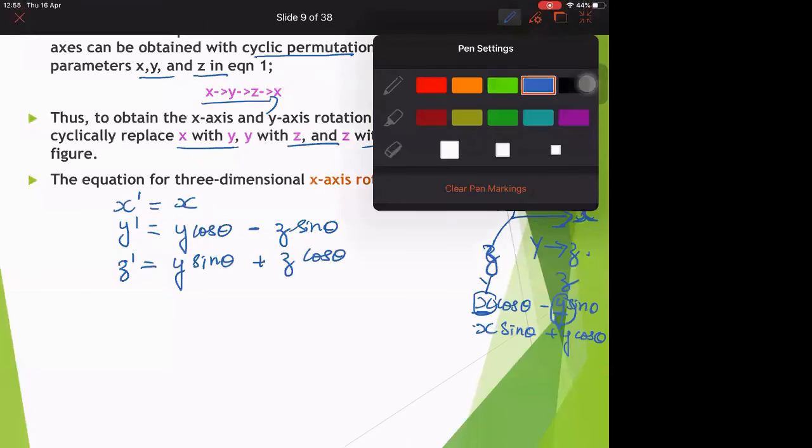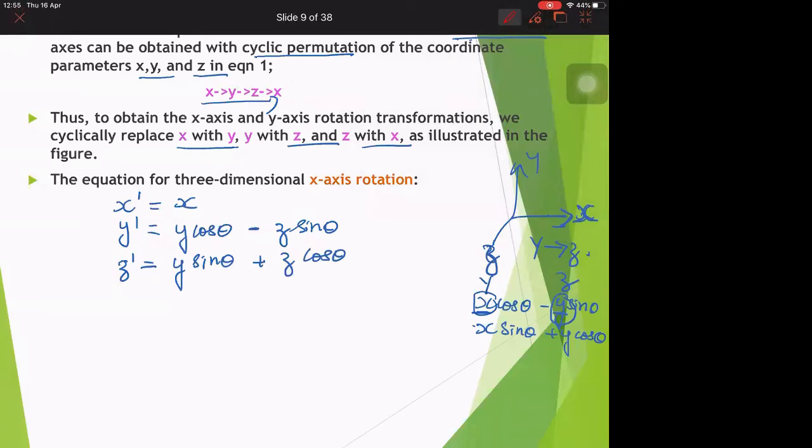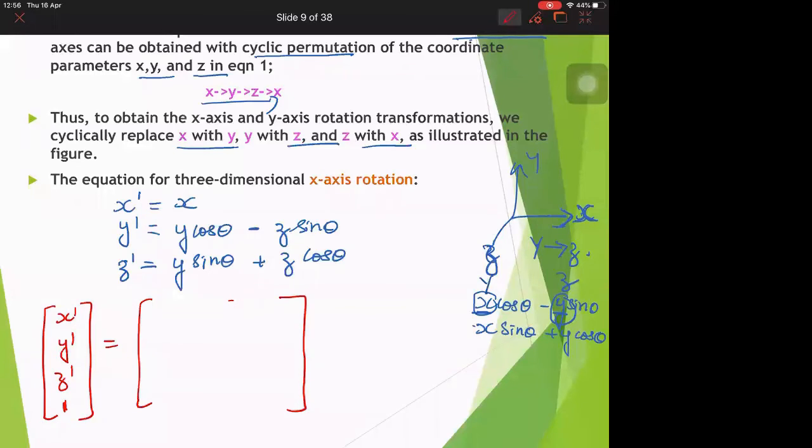I'll write the matrix form here itself, the homogeneous matrix form. It will be easy for you as we already have a place here. The homogeneous matrix form will be x dash, y dash, z dash, 1 equals this rotation matrix followed by x, y, z, 1.